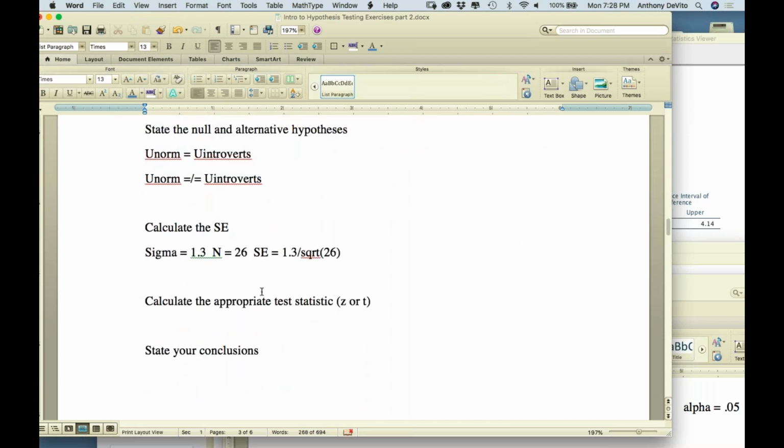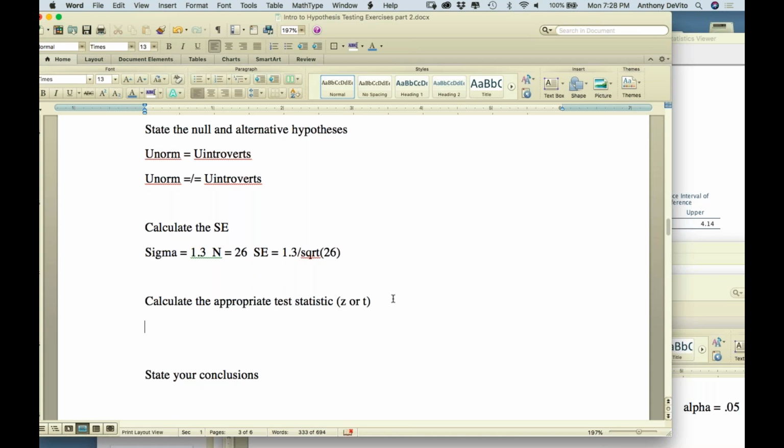Once we've calculated the standard error, we're going to calculate either a z value or a t value. Well, in this case, am I going to calculate a z-score or a t-score? Small sample, right? But what assumption did I make? I assumed that I knew the population standard deviation, didn't I?